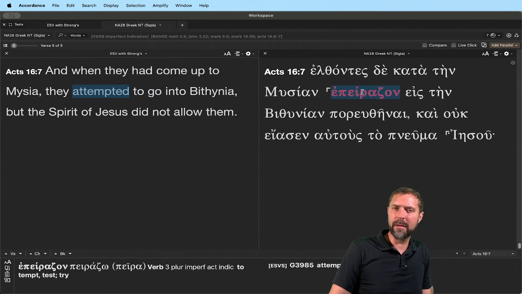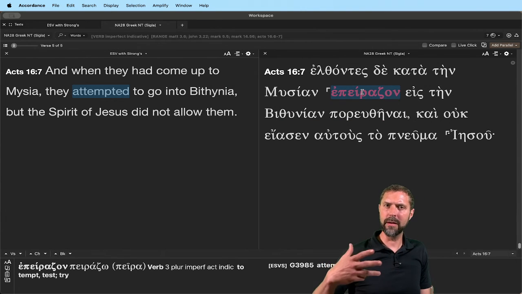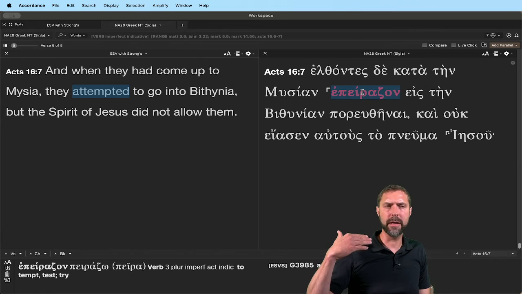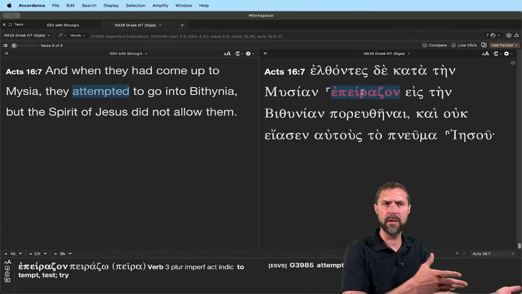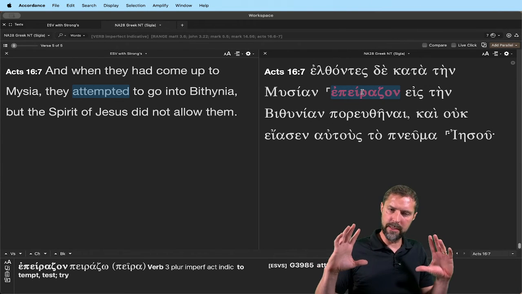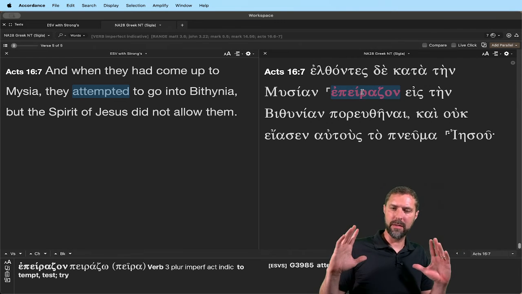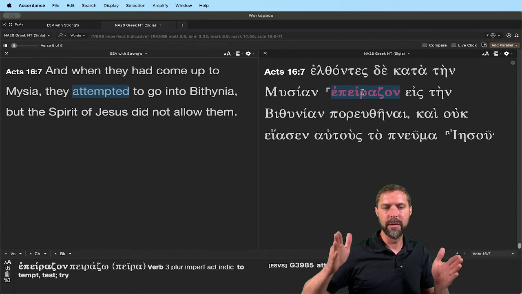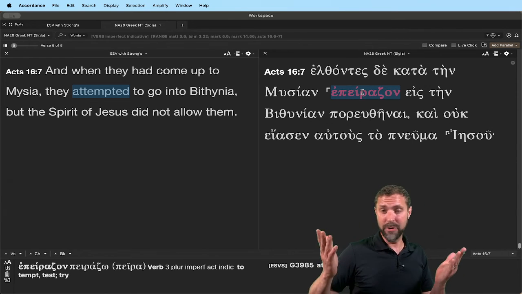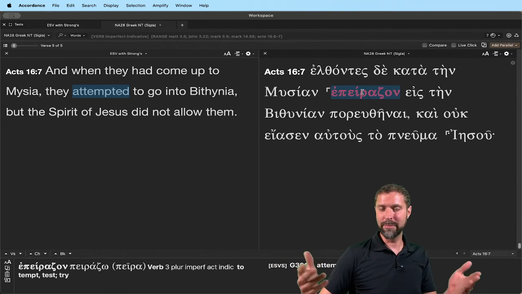I don't want to overplay it, but you get the sense that this is not a momentary thing, like they kind of falter that way. There's a serious intention to go, and maybe in a kind of an iterative way, possibly. They were attempting.